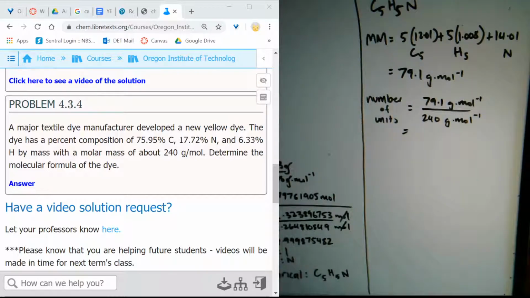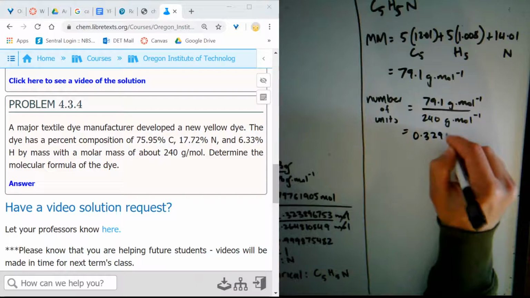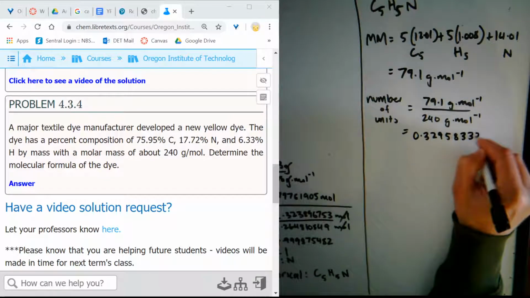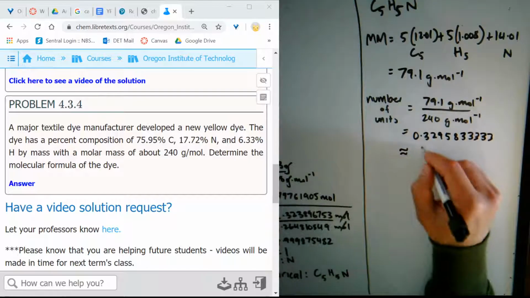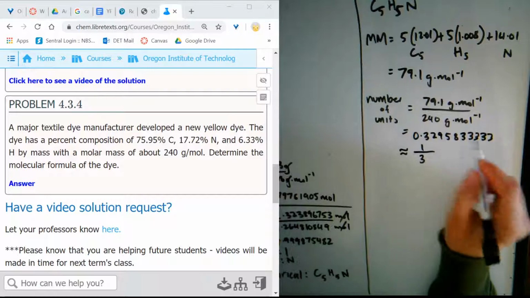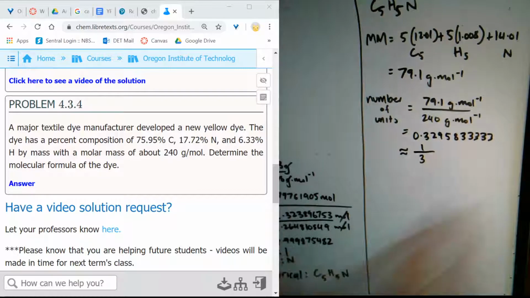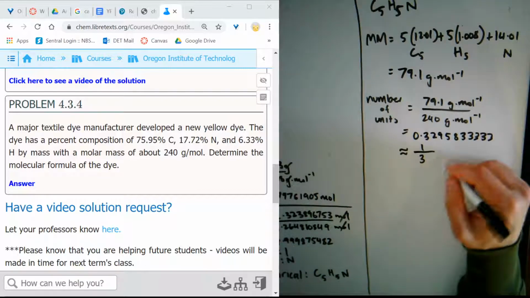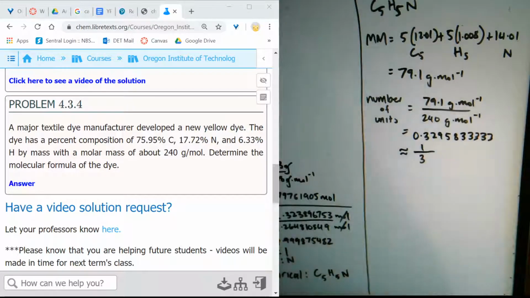And that works out to be 0.329583333, which tells me that this is about a 1-to-3 ratio. If you go and do this the other way and you go 240 divided by 79.1, you get 3.03. So it is a 1-to-3 ratio, which tells me that this is actually a third of what we should have. So let's multiply everything by 3.